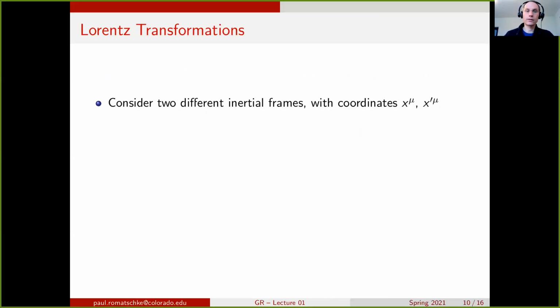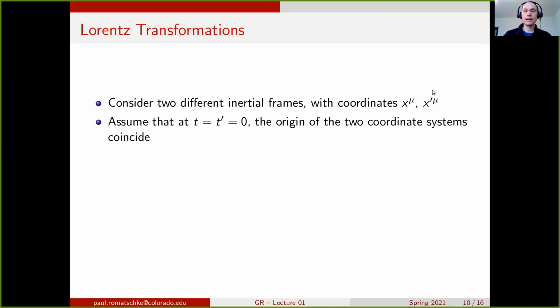Let's now consider Lorentz transformations. If we have two different coordinate systems with coordinates x and x prime, and we assume that these two coordinate systems coincide initially at time 0, so the origin of these two spacetimes is the same.